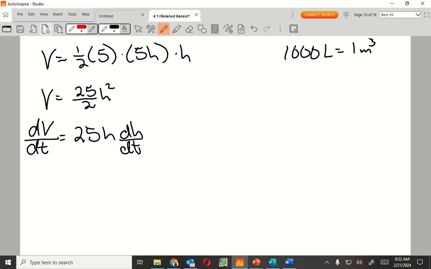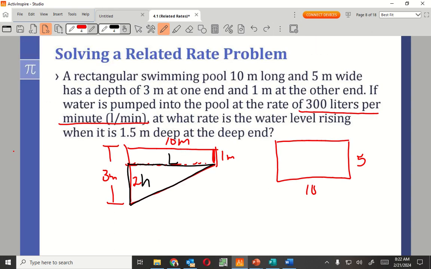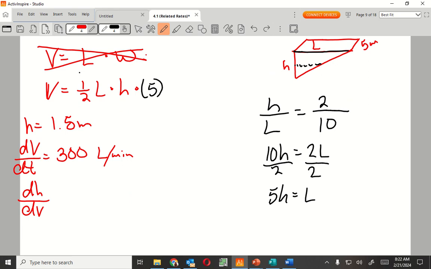That's going to be important, because we're going to have to convert liters in a moment. So, going back to my problem, my dV/dt is 300 liters per minute.